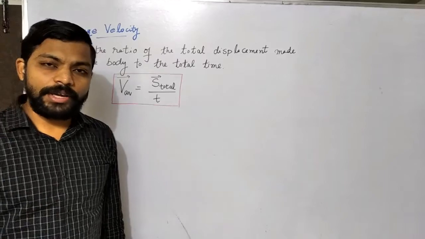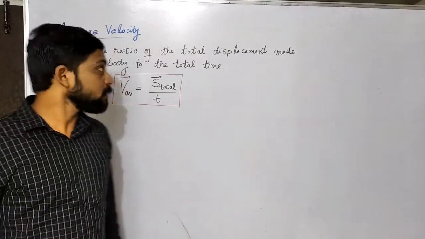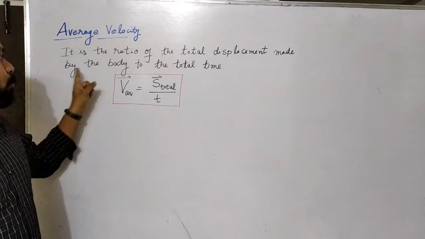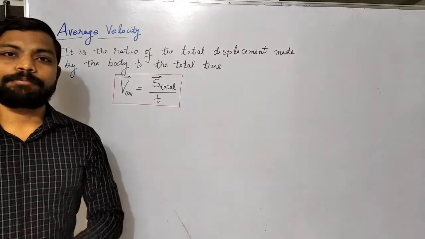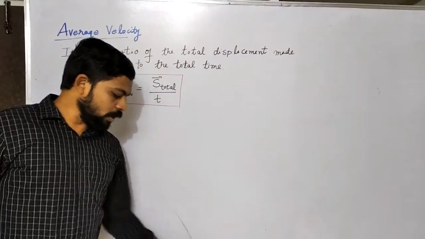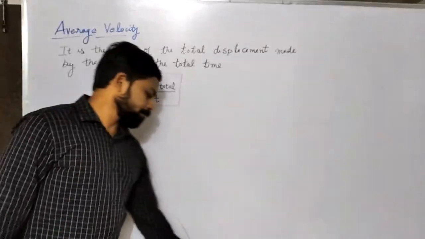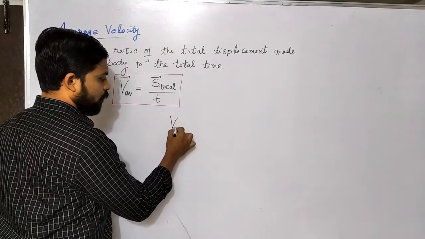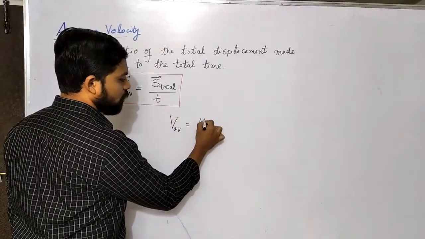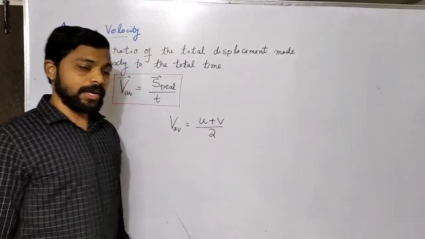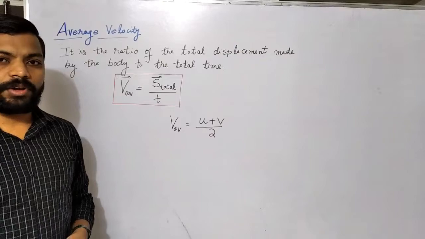The other way of defining average velocity is the ratio of the total displacement made by the body to the total time taken by the body. The first formula says average velocity is equal to initial velocity plus final velocity by 2, the arithmetic mean of initial and final velocity.